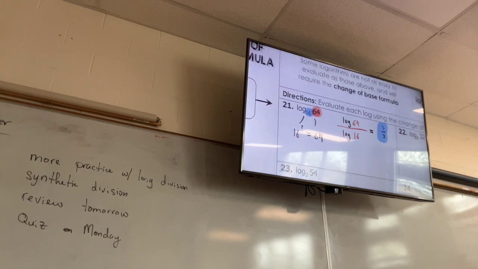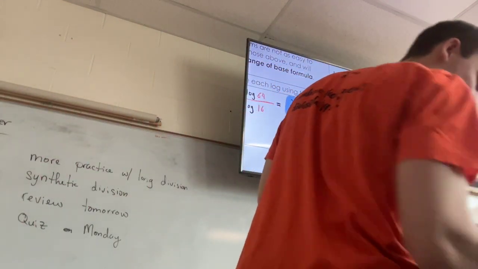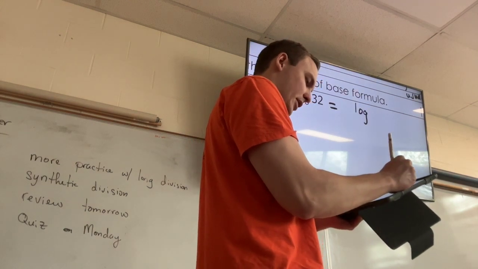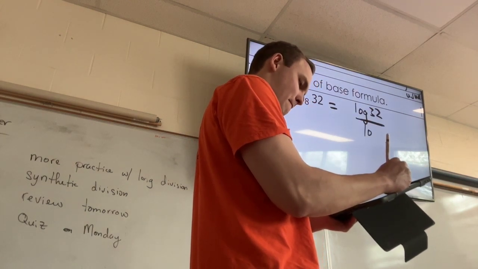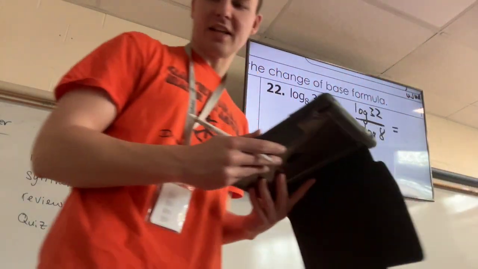All right, guys, go to the next one. So what am I going to rewrite that second one as? It's log 32 over log 8. Very good. Do it in your calculator.